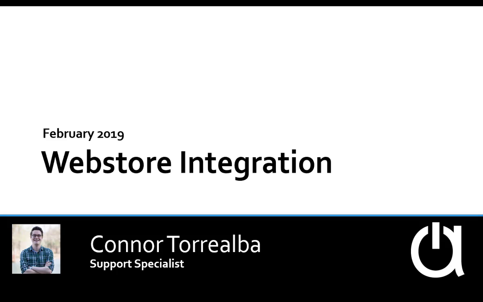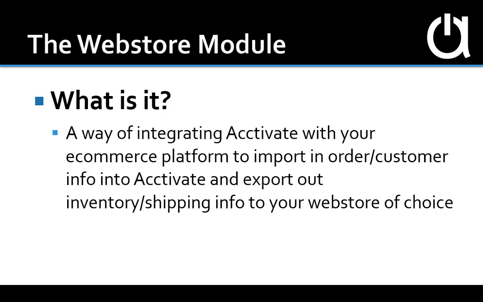So first off, let's start with just some definitions about what the Webstore integration is. The Webstore module is a way of integrating Acctivate with your e-commerce platform to import orders or customer info into Acctivate and export inventory and shipping information out to your web store of choice.